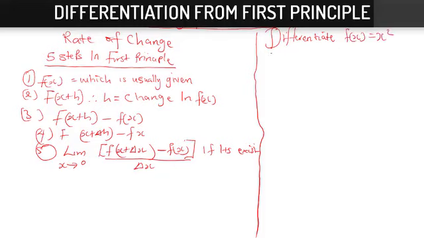Now you apply the first step, you convert f(x) to y. Let f of x be equals y. So the equation becomes y equals x squared.